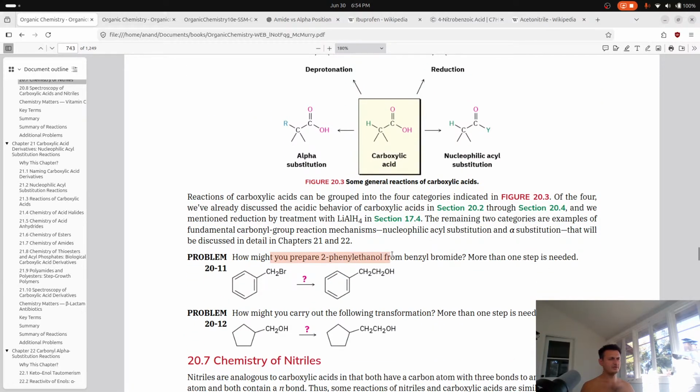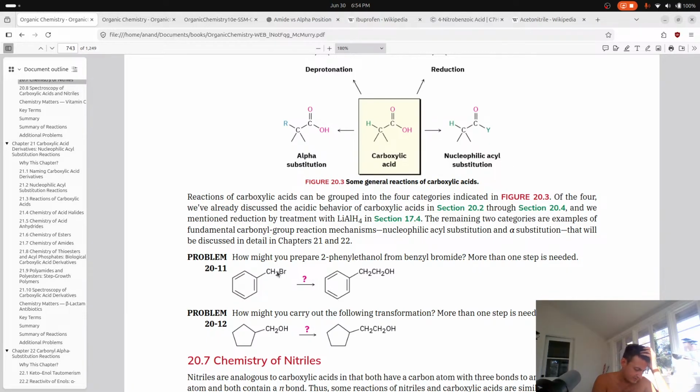How might you prepare 2-phenylethanol from benzyl bromide? I mean, one obvious thing we can do is phenyl Br, and we can react this with NaCN, which would give us phenyl, 2 carbons, and then N. And then we can react this with acid, which we don't know the mechanism of yet.